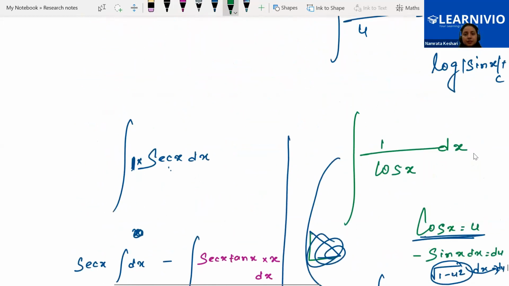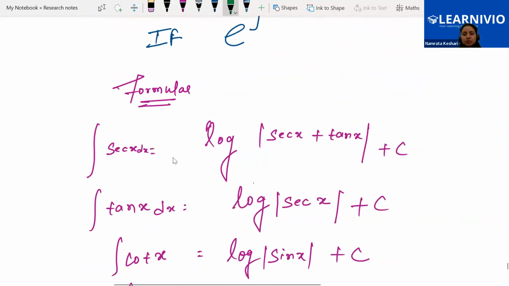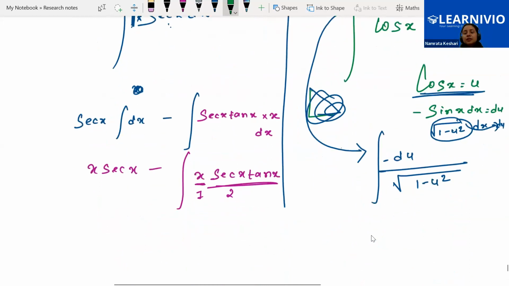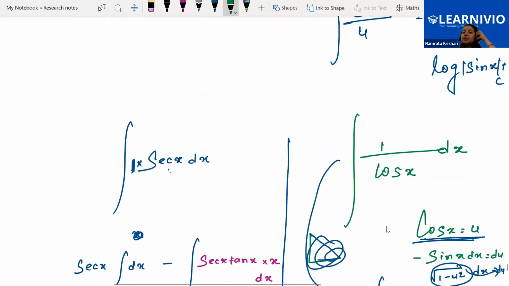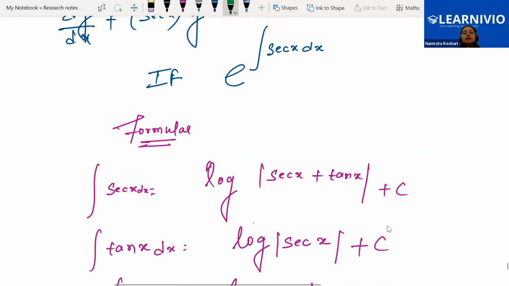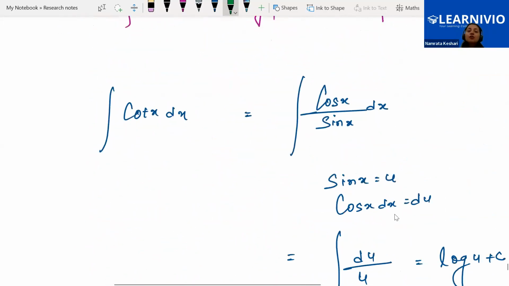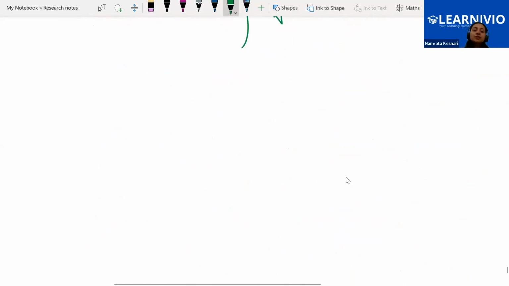There must be some trick which will work over here. For sec x, we must get this. We can write du by 1 square minus u square, and sine inverse will come. But the formula for integration of sec x is log of sec x plus tan x, and we are trying to prove the formula.